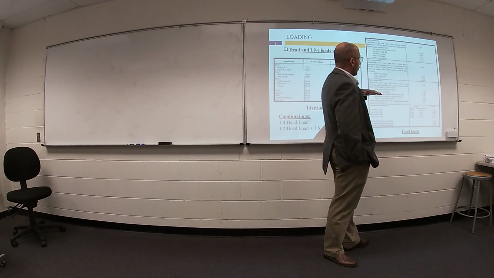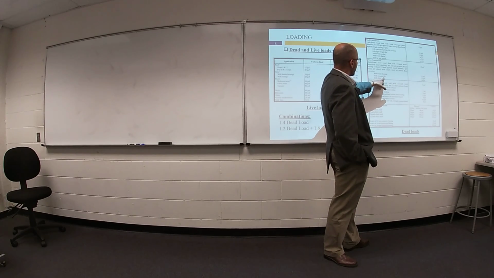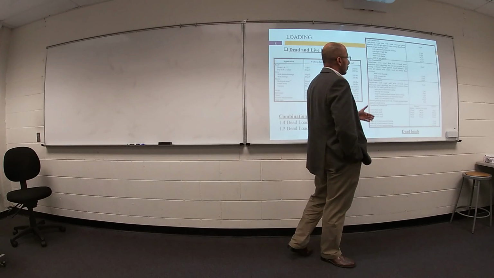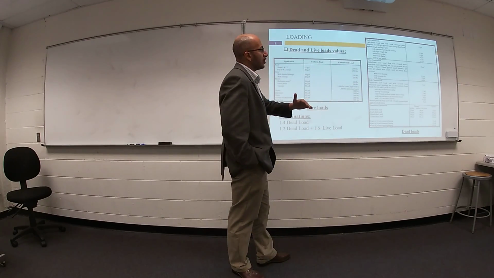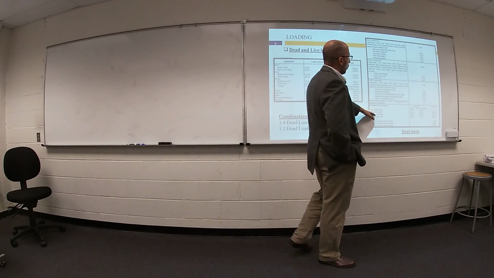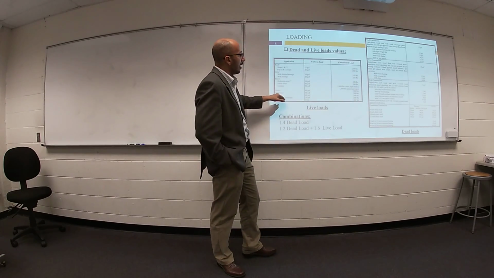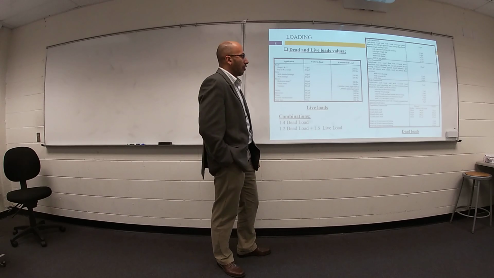If you are talking about finishing of ceramic tile, you are talking about 15. So based on the type of finishing, I can figure out the additional dead load. What is the main purpose of your building? I can figure out the value of live load.